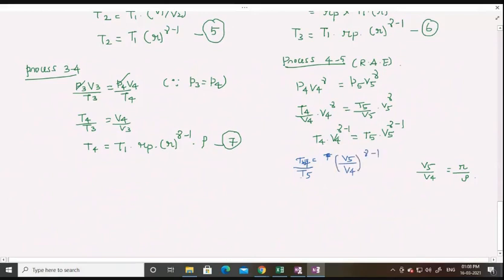Actually we need T5, so T5 equal to T4 divided by V5 divided by V4 power gamma minus 1. So V5 by V4 is nothing but R by rho.